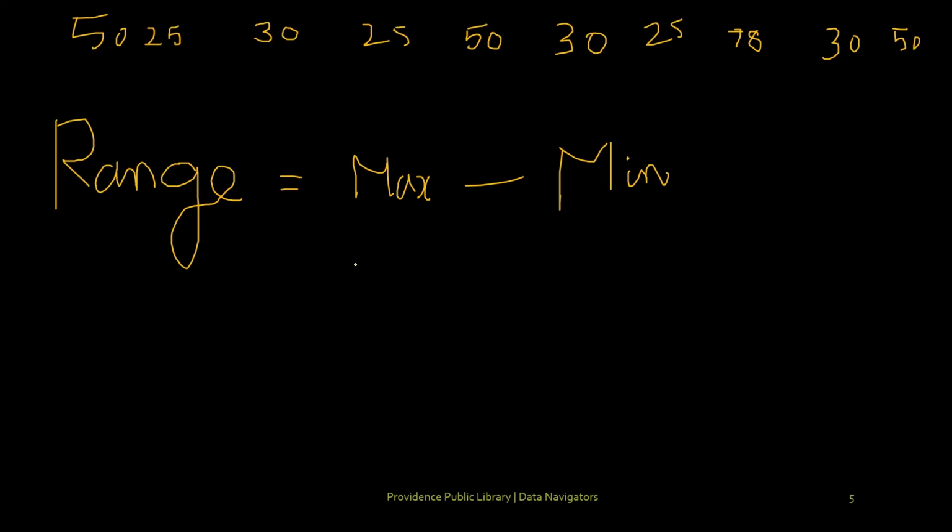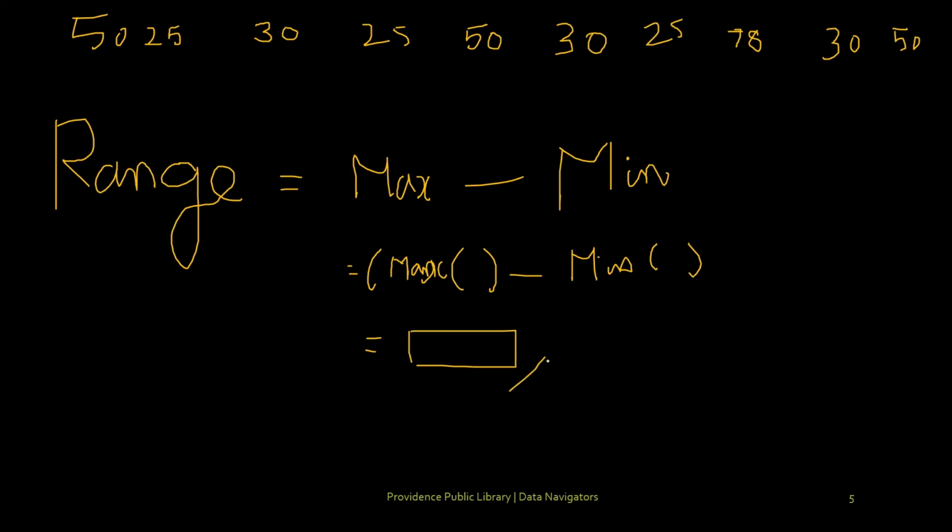We have a function called max. What we'll do is take max, open bracket, put all the data inside it, then minus, call the function min and put all this data inside that, and it will automatically calculate and give you one number that is called range. So in this case, what is the maximum number here? 78. And what is the minimum number in this data set? 25, right?